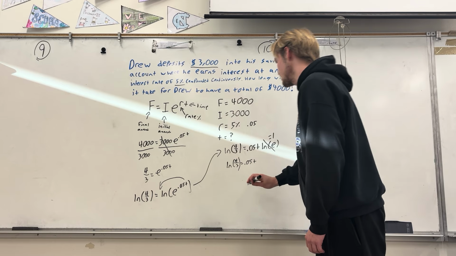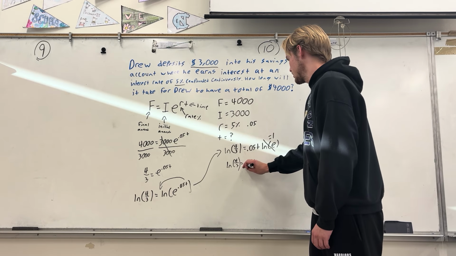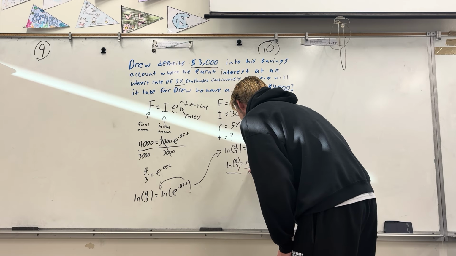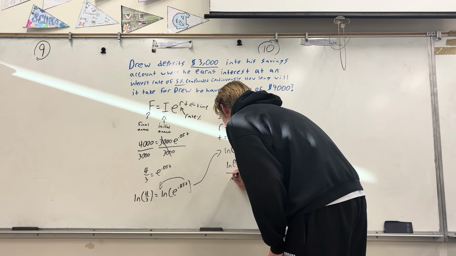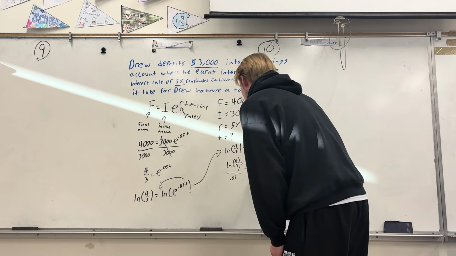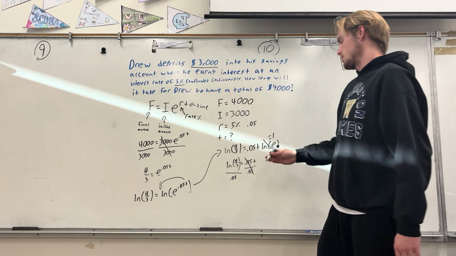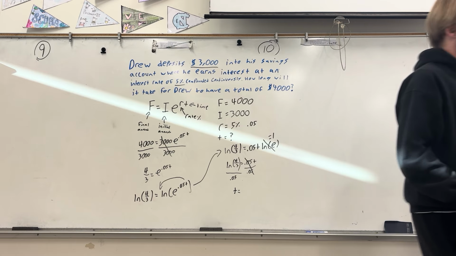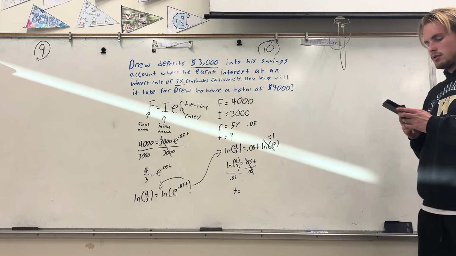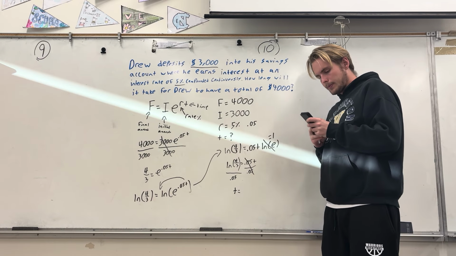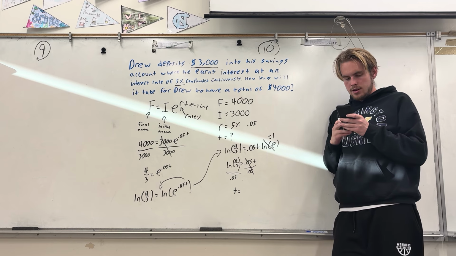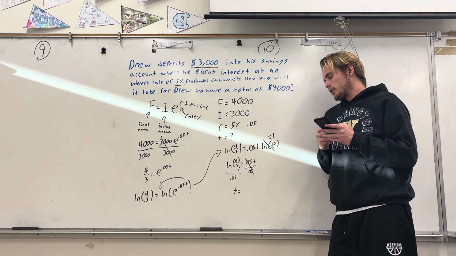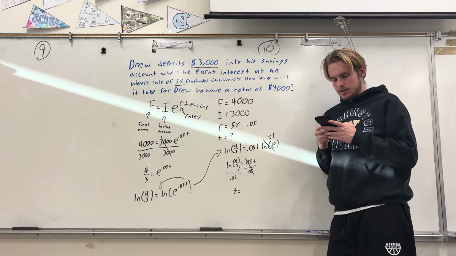So now to solve for t, we just got to get rid of 0.05. So we can divide everything by 0.05. These cancel out. We plug this into our calculator, and we get t equals ln of 4 divided by 3 divided by 0.05.